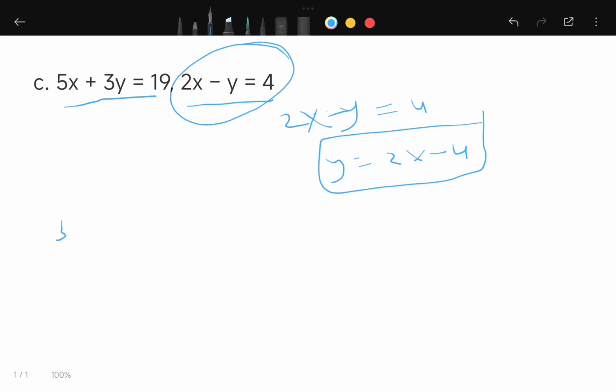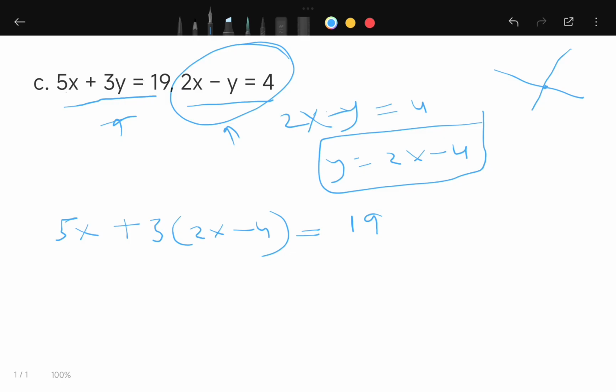Now let us substitute this in the first equation. 5x plus 3 into y, 2x minus 4 equals 19. See, why are we substituting the second equation's y value in the first? Because we need to find a solution for these two linear equations.